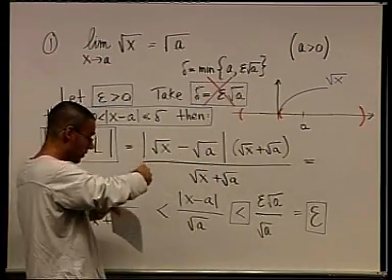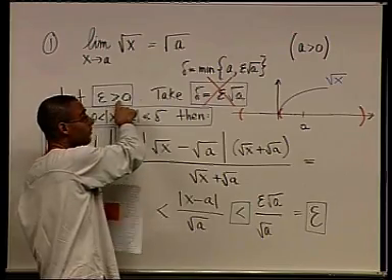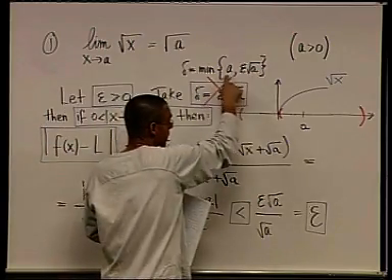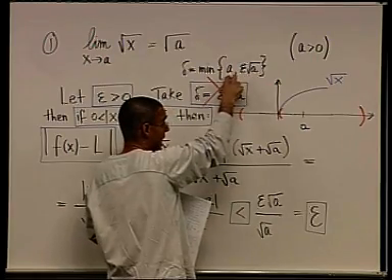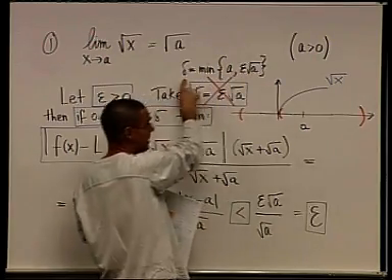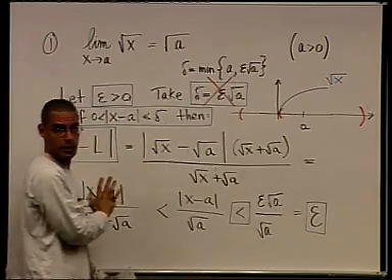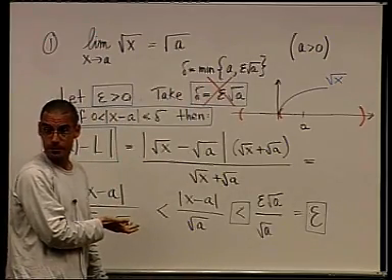This means you do the following. You take your epsilon. You calculate these two numbers. If epsilon root a is less than a, then that's the minimum, and that's going to be your delta, and everything works fine. Do you agree?